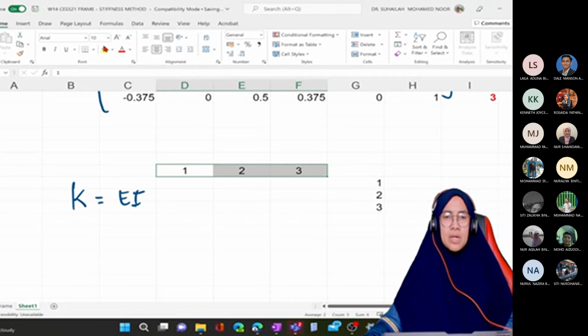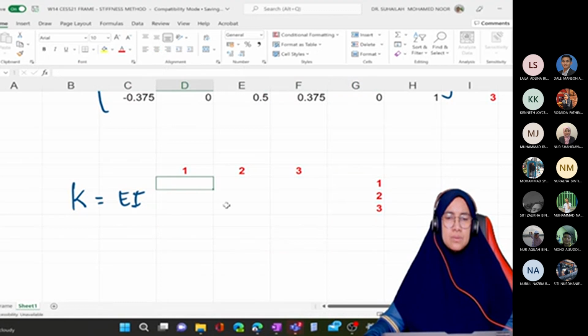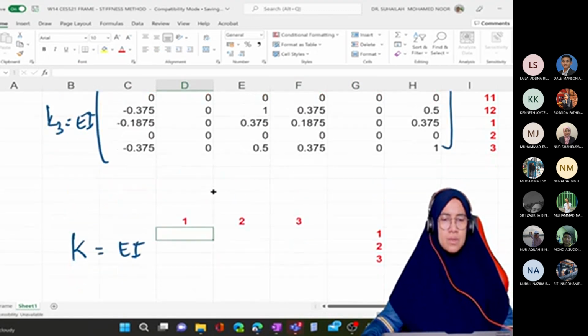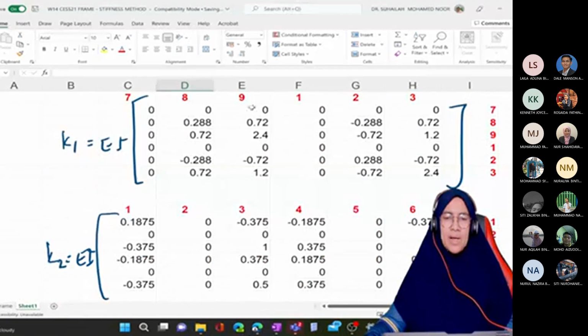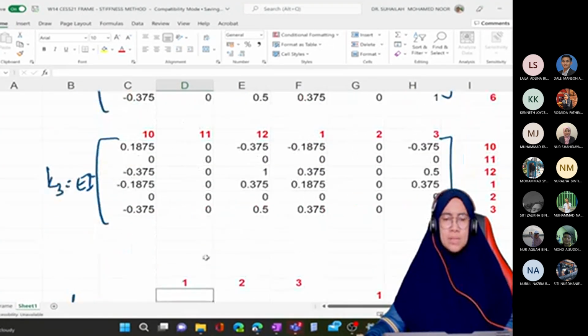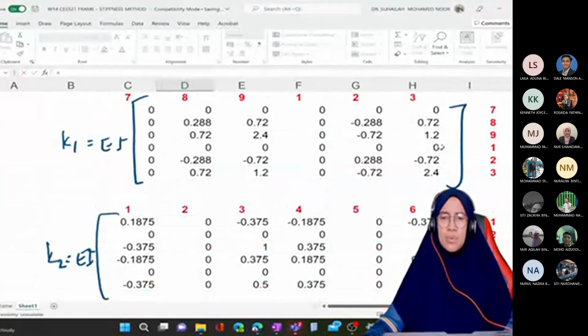Position 1, 1: find the value from K1, which is 0.